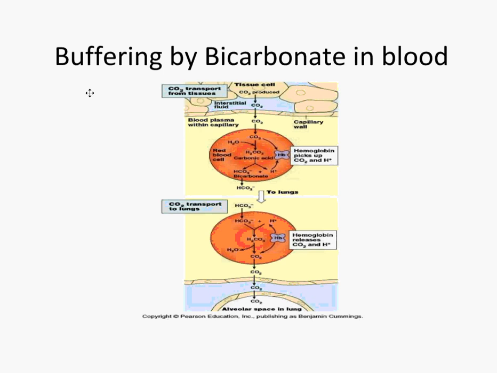And so what happens is your blood, or the cells around your blood vessels, will release something called bicarbonate. And bicarbonate is a weak base to counteract the acid in the blood.